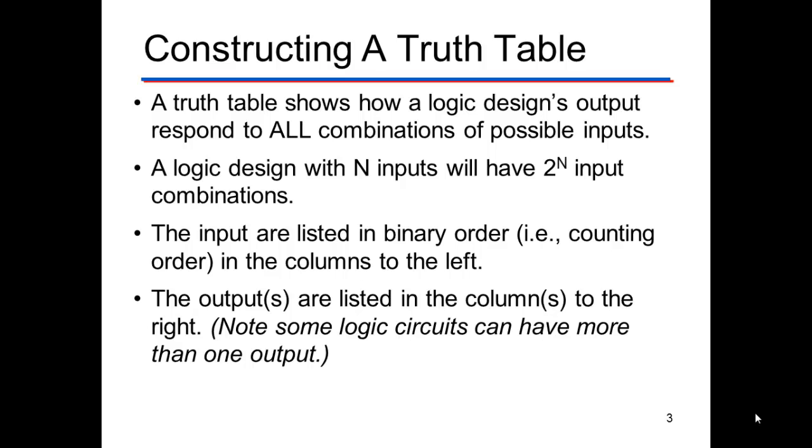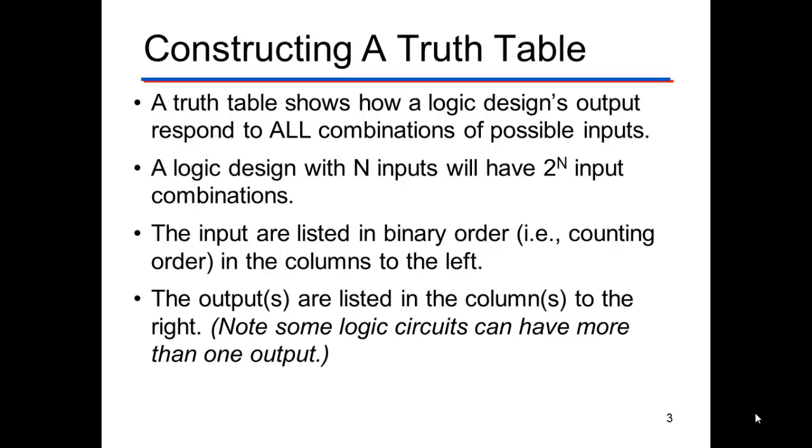All right. So a truth table shows all the possible outputs in response to the inputs. The logic design will have however many inputs there are, and you'll take 2 to that power. So if there's 1 input, 2 to the 1 is 2.